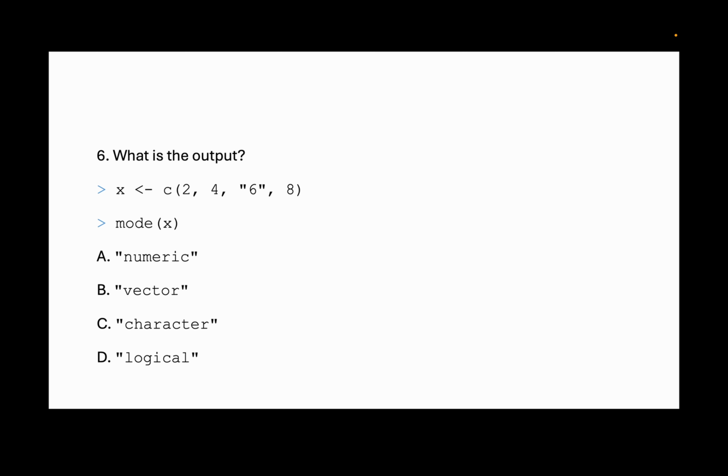Next, what will be the output of this? I did not inform you about how this will work, but I want you to guess what the outcome of this will be.